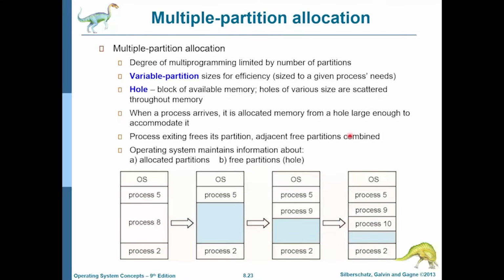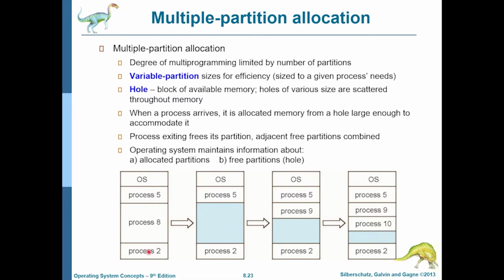In the context of contiguous allocation, there is something called multiple partition allocation, in which each process can be of varying sizes. Here, as you can see, process 5 is small, process 8 is really big, process 2 is again small, and the entire memory is not partitioned into any fixed size partitions. So the partitions can be of varying sizes.